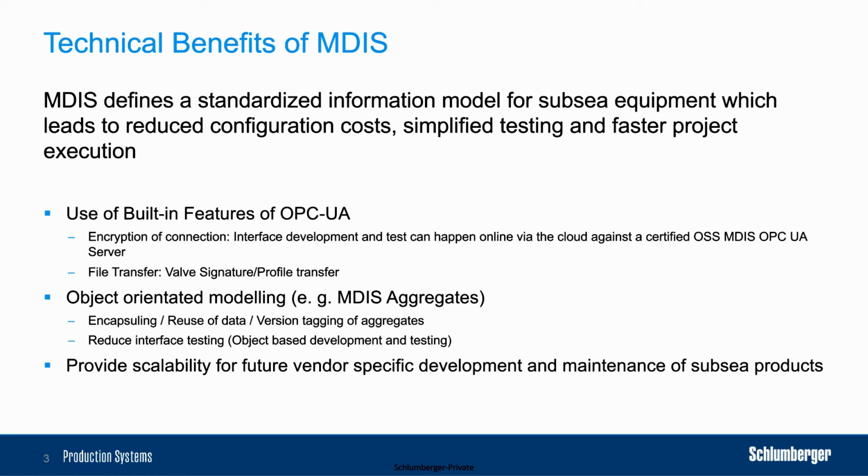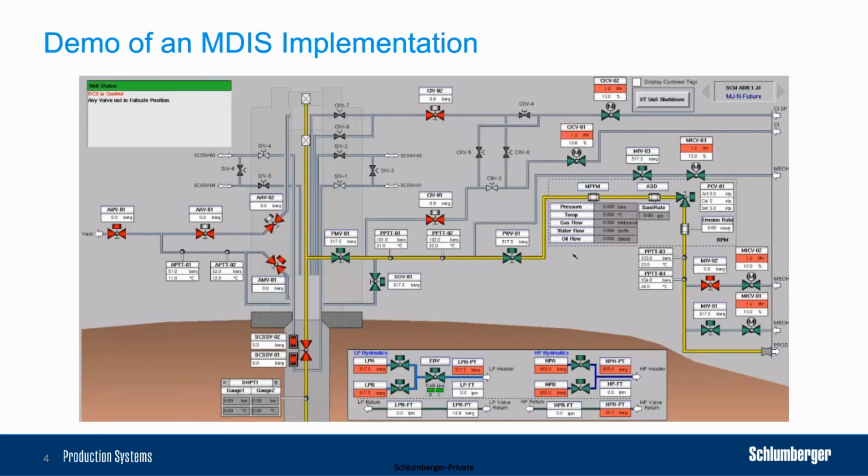So right now, I want to show you a little demonstration of what I've talked about. So, is the laser pointer. We see here an example of a well. For example, you have here on the left-hand side an annular swing valve, and I will also show a little bit of a DHPT instrument.